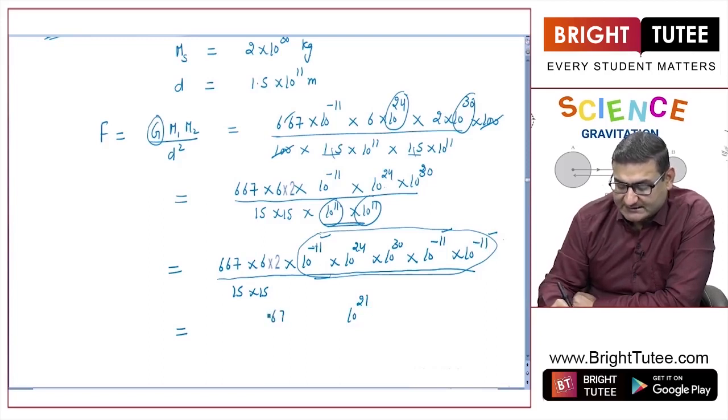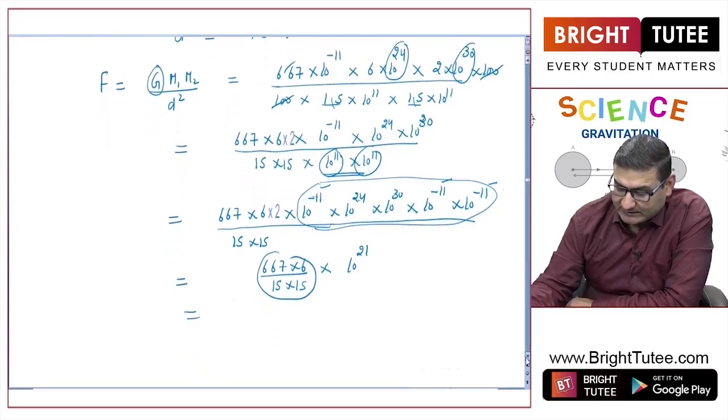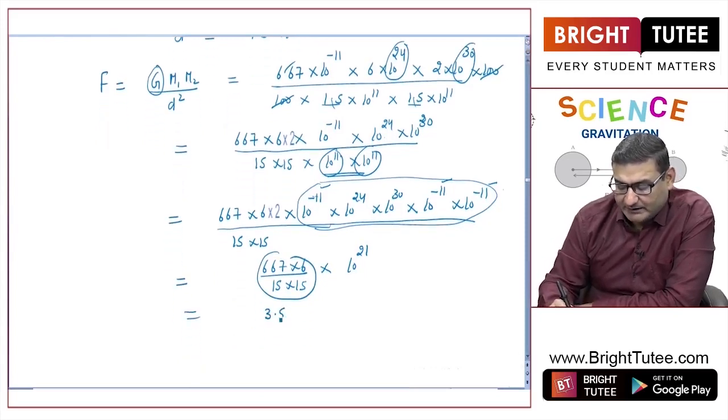Then I will get 667 multiply by 6 divided by 15 into 15. When I calculate up to 2 decimal places, it comes out to be 3.57 multiply by 10 to the power 22. Actually, it was 35.7 into 10 to the power 21.